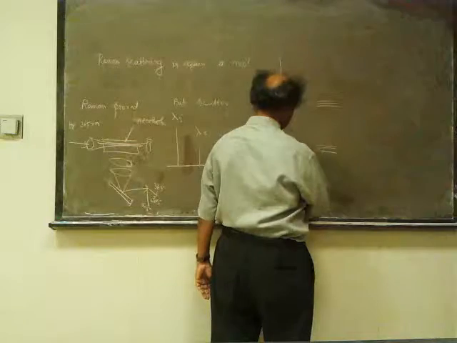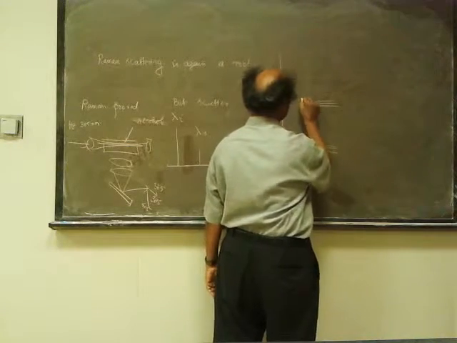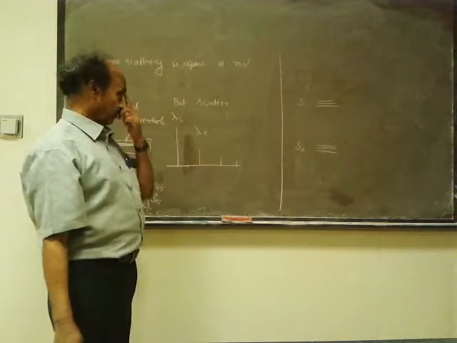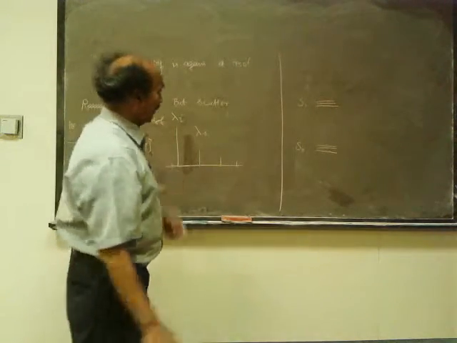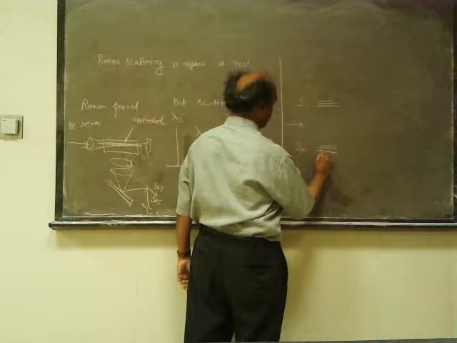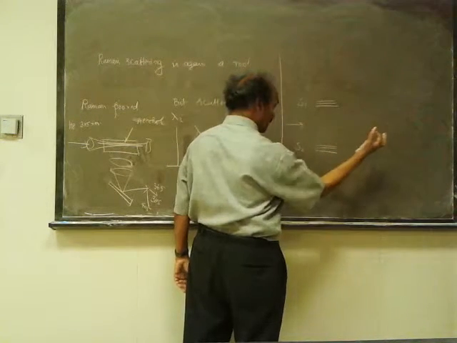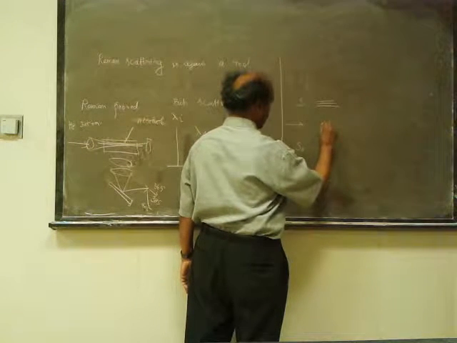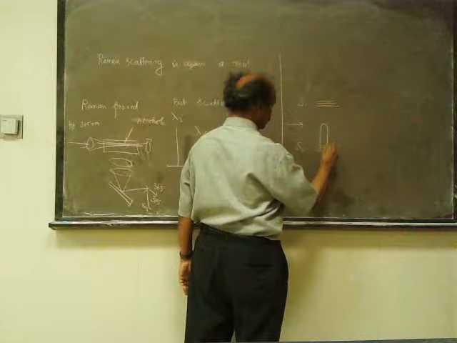Let us say this is S0, this is S1. These are electronic energy levels of the alcohol molecule. I send a light like this. Then the molecule takes the light, does not absorb it, and then it comes down.